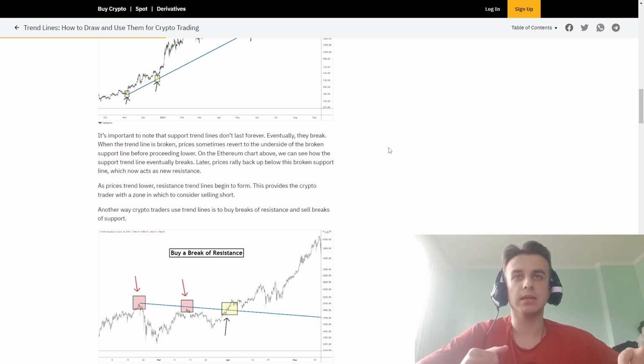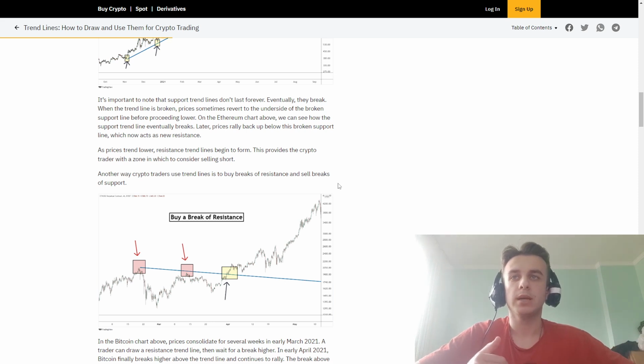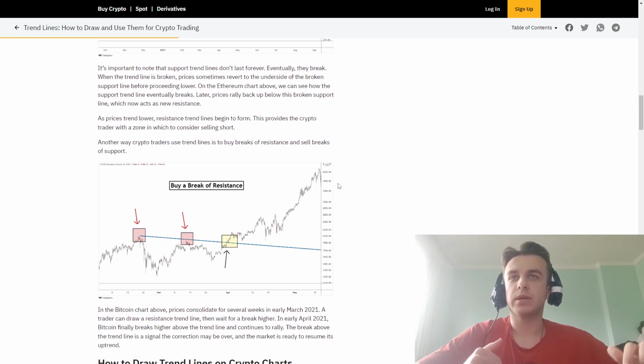Later, price rallies back up below this broken support line, which now acts as new resistance. As prices trend lower, since the trend lines begin to form, this provides crypto traders with a zone in which to consider selling short. Another way crypto traders use trend lines is to buy breaks of resistance and sell breaks of support.